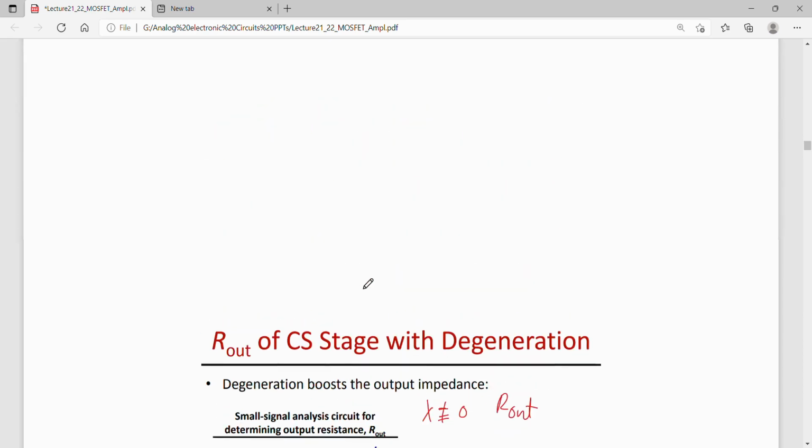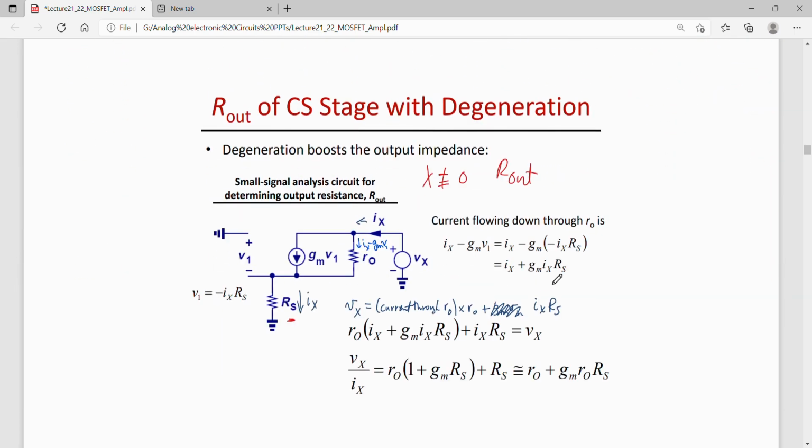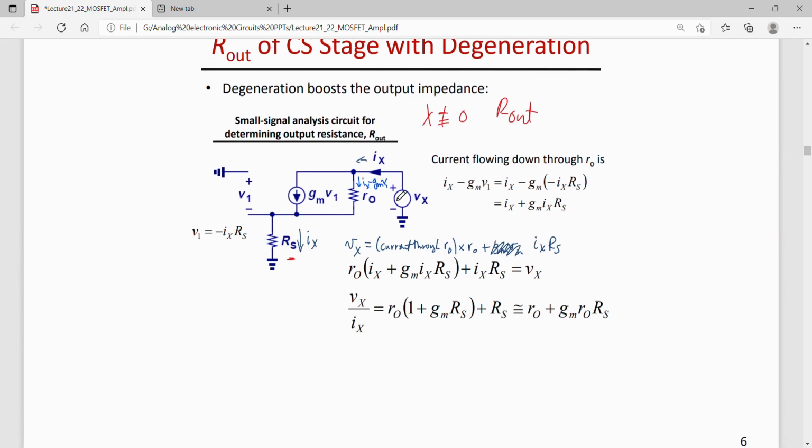Now for finding the output impedance, one has to know that the potential dropping across Rs is Vx, and V1 is equal to minus Vx. That is, V1 is equal to minus Ix times Rs, because Vx is Ix Rs.